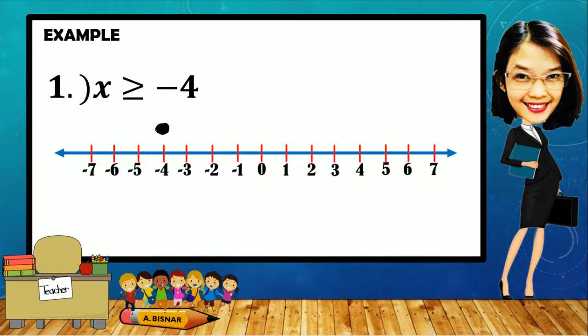So, ano-ano naman yung mga numbers na greater than negative 4? Papunta tayo saan? Sa kaliwa ba o sa kanan? Again, greater than. Kapag greater than, palagi siyang papunta sa kanan. Kasi nga, mas tumataas yung number. At lalagyan natin palagi ng arrow. Madali lang, di ba?